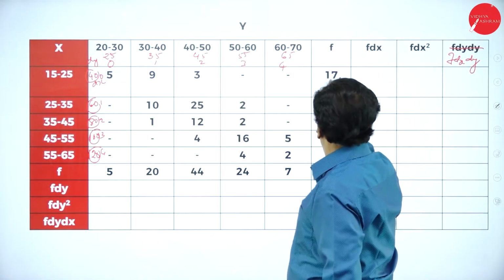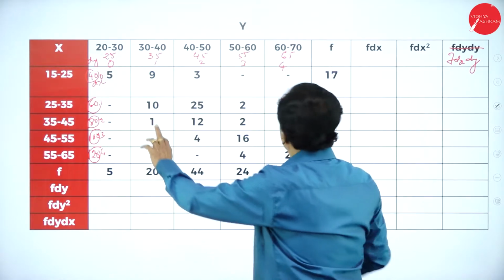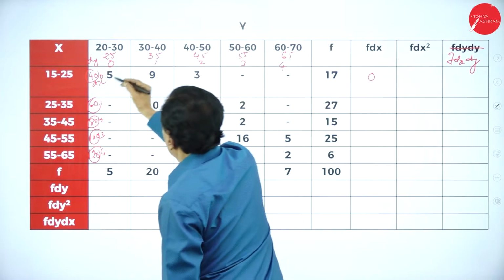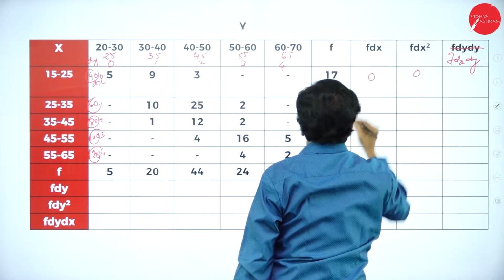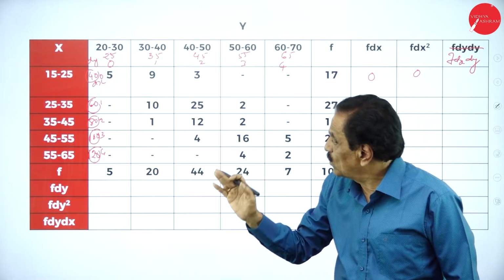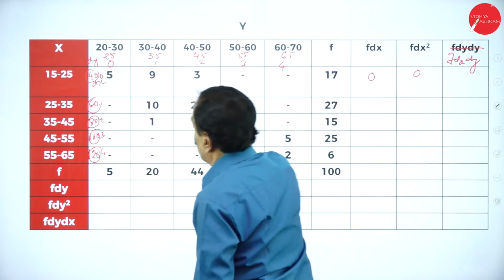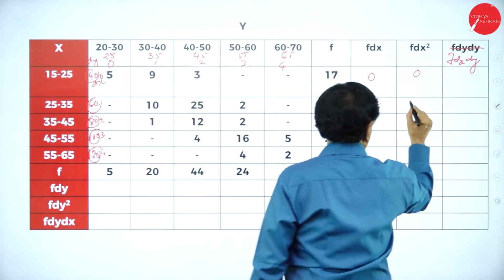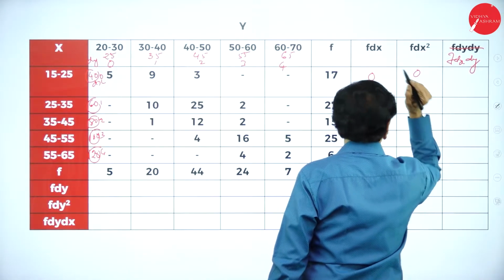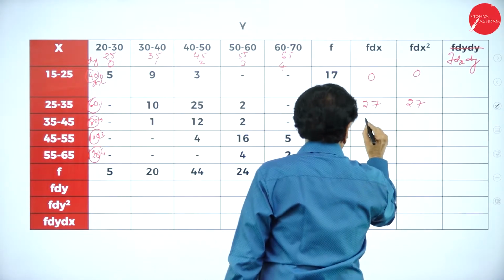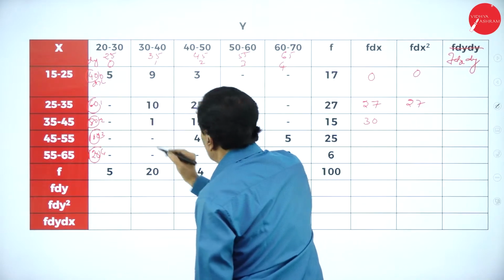So carefully, now what is the next one? f dx: 17 into 0 is 0, 0 into 0 is 0. Second one, 27 ones are 27, 27 ones are 27. Next, 15 twos are 30, 30 twos are 60.